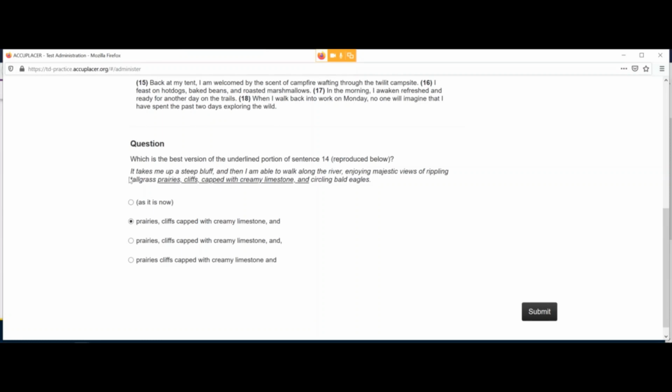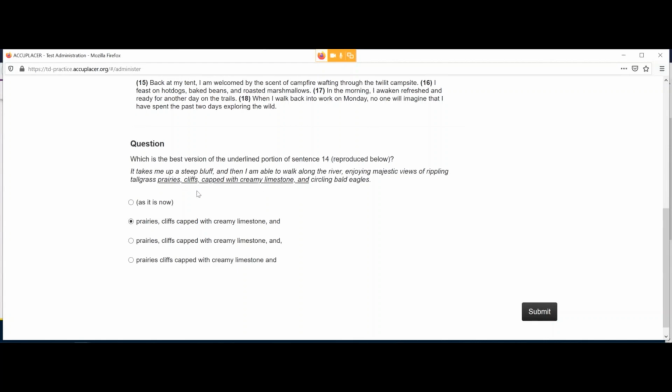So if we look at this, let's just read the whole sentence again. It takes me up a steep bluff, and then I am able to walk along the river, enjoying majestic views of rippling tall grass prairies, cliffs capped with creamy limestone, and circling bald eagles. What is problematic here is the comma after "cliffs."